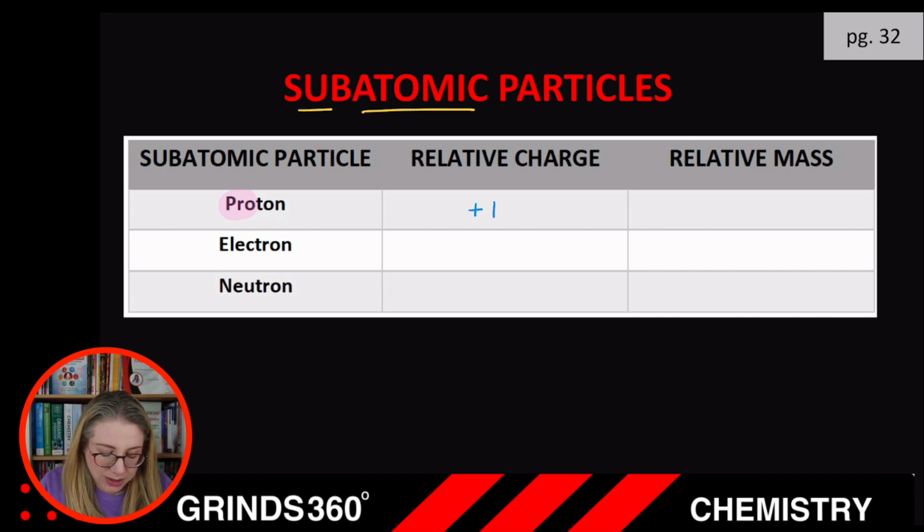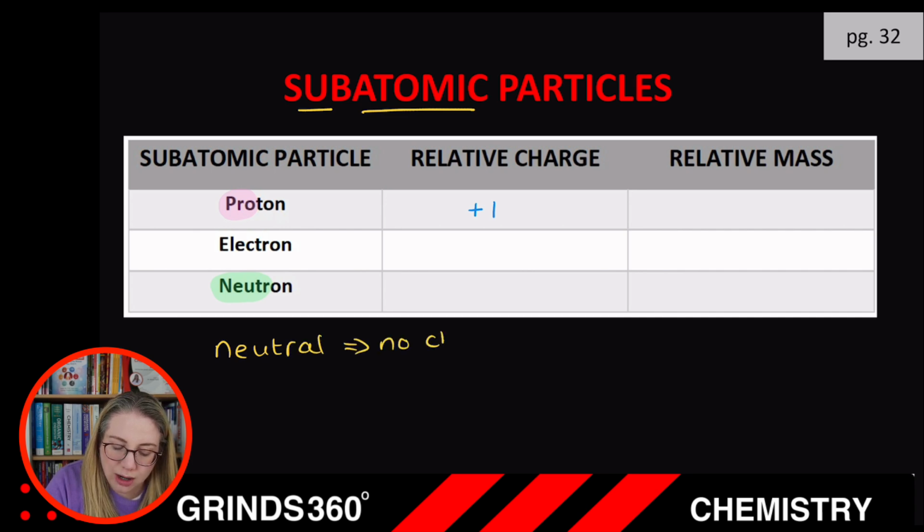Now, go down to the bottom one. We have neutron. Now, that's very similar to the word neutral. If something is neutral, that means it has no charge. And that's actually where the name of the neutron comes from. It comes from the word neutral. So a neutron in nature has no charge at all.